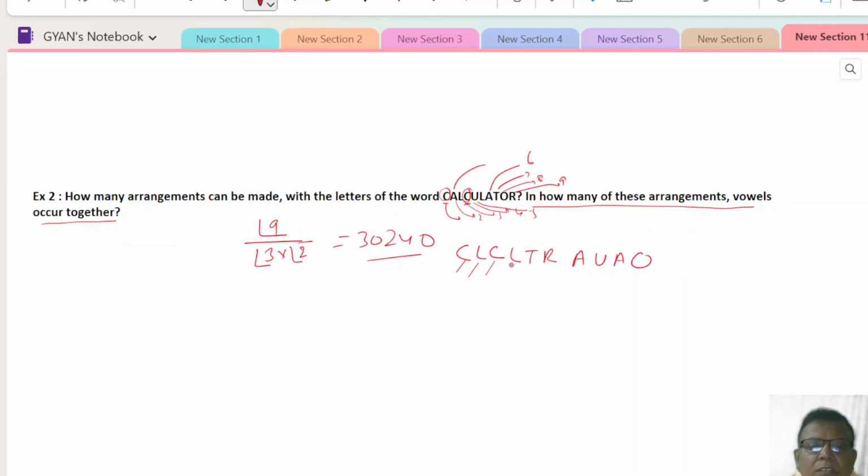One, two, three, four, five, six. Then it is a total of 9 in CALCULATOR. A how many? 2. L how many? 2.